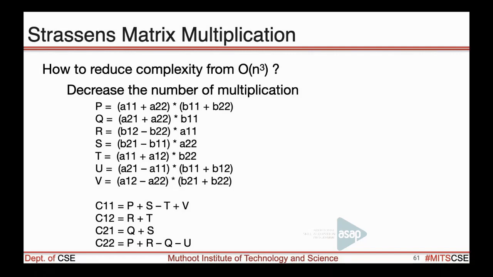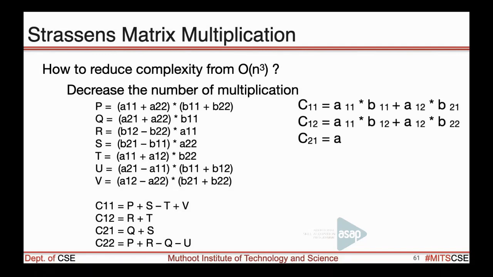So what is the advantage of this? In normal matrix multiplication, we had 8 different multiplications: A11 into B11, A12 into B21, and so on. We had 8 matrix multiplications, but here we only have 7. That is, Strassen has decreased the number of multiplications by 1.